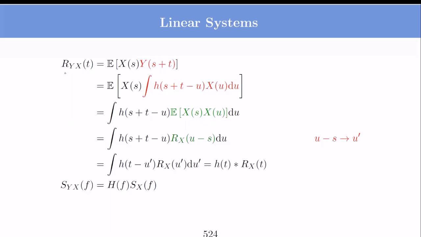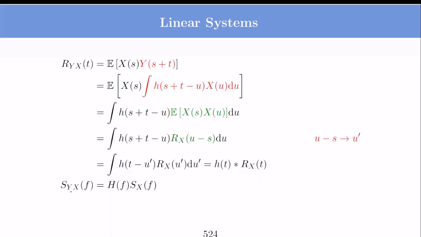Okay, so if R_yx(t) is equal to h(t) convolved with R_x(t), then we can say the Fourier transform of this is equal to the Fourier transform of this multiplied by this. Convolution in the time domain becomes multiplication in the Fourier domain.